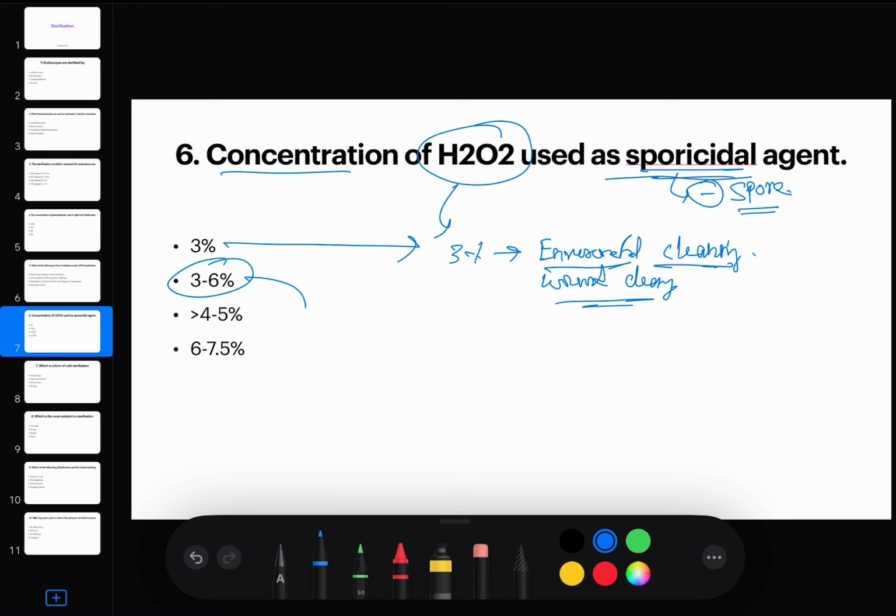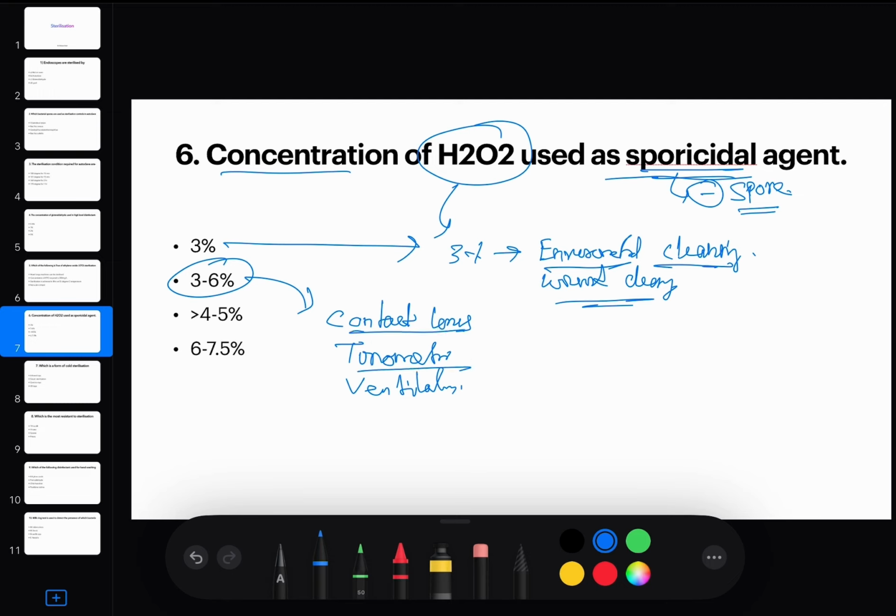Then 3 to 6% is used for contact lens sterilization, for tonometer, or for ventilator.